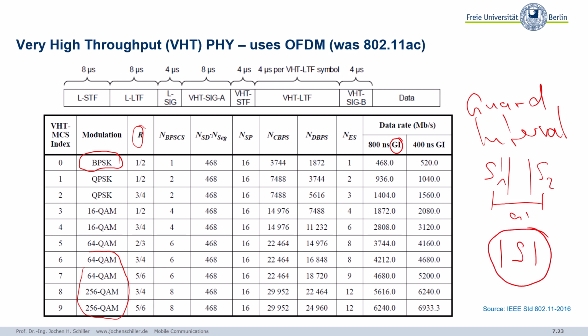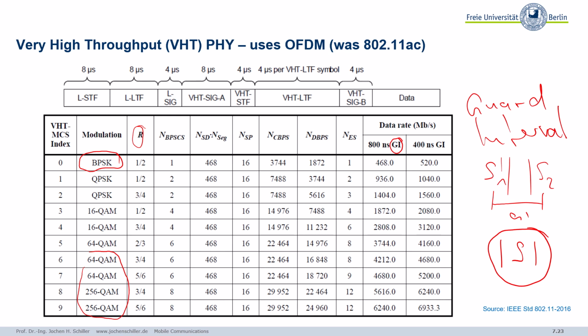If you operate the devices indoors, you do not have that much multipath and reflections, so you can have a smaller guard interval. If you operate outdoors, you can have a lot of reflection. Then, as we covered already, you have the multipath problem. Then you might run into inter-symbol interference, which means that symbols destroy each other. That means outdoors you need a larger guard interval.